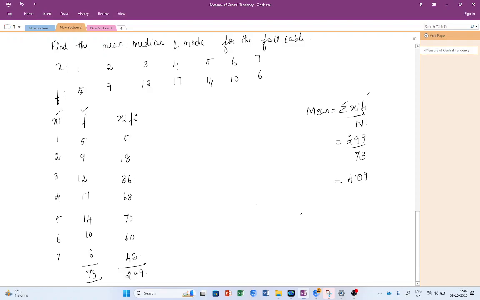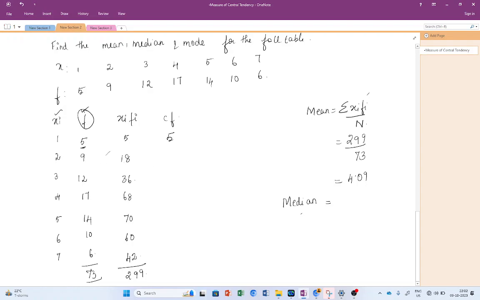Okay, next one, we are going for median. As I told you, to calculate median, you need the cumulative frequency. To find the cumulative frequency, you have to add an extra column. You are considering only the frequency, and from the frequency you will get the cumulative frequency. The first number of your frequency will be the first one.